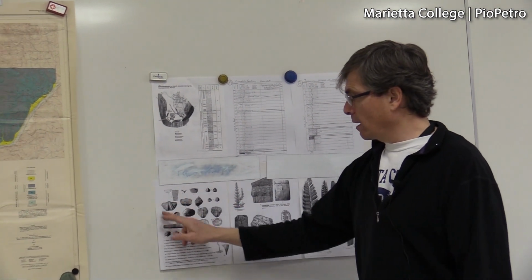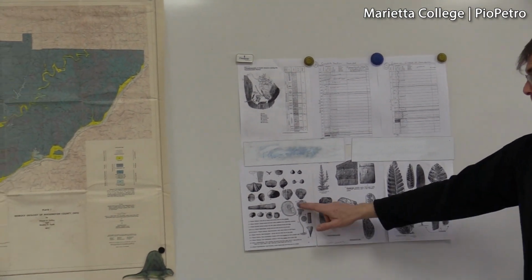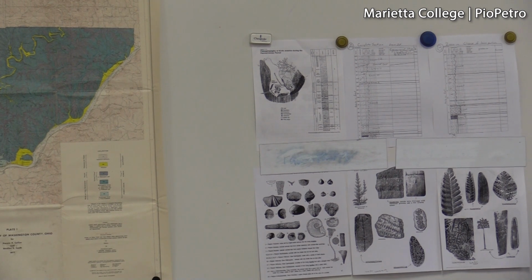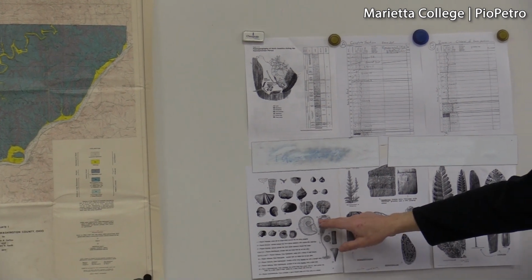Now down here are 3 other pages that are included in your handout, and those are some of the fossils that we're going to encounter. One page has marine fossils, shelly fossils, similar to things that you guys have already identified in your labs. What does that indicate about some of the layers?